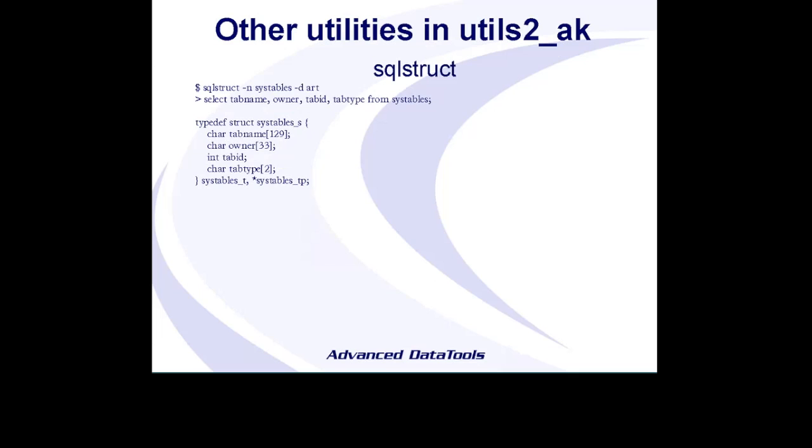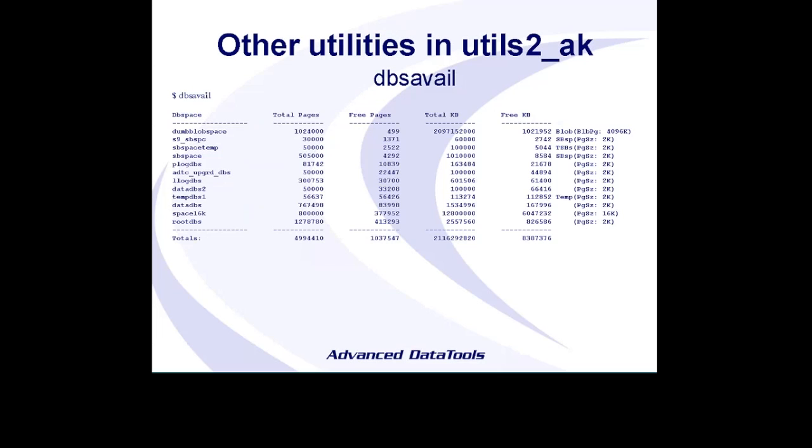There's a utility DBS avail, which produces this space summary report, which shows the free pages and free kilobytes of your DB spaces and blob spaces and SB spaces. If you look on the right, it will tell you the page size for the space and whether it's an SB space or a temporary space or a temporary SB space or a blob space, etc., or by default just a normal DB space.